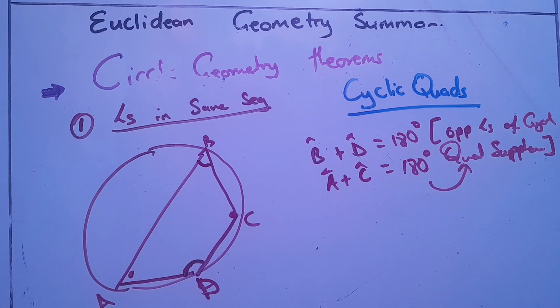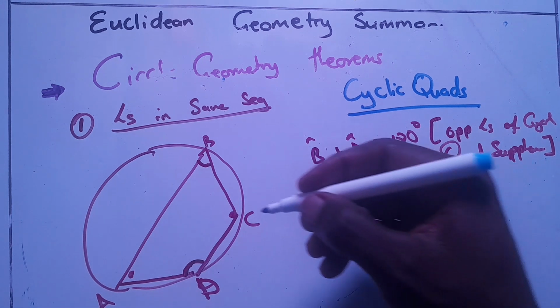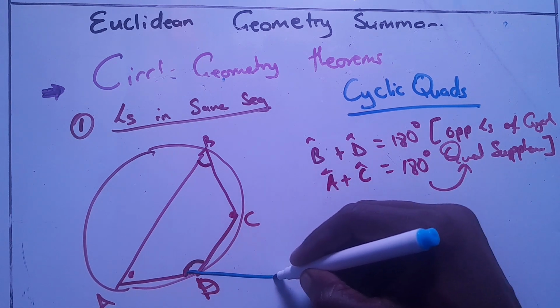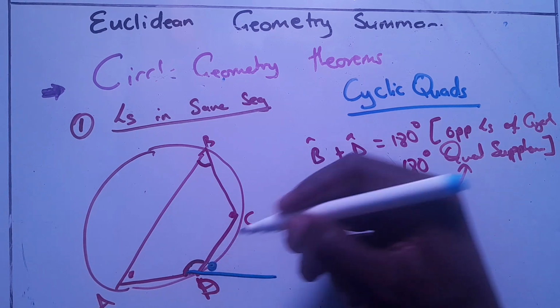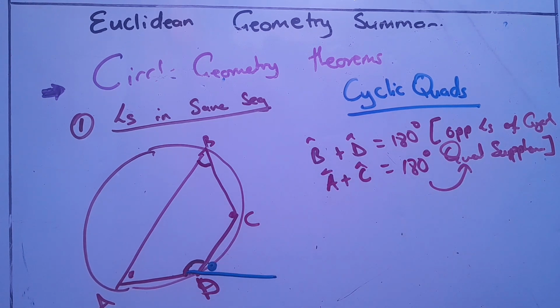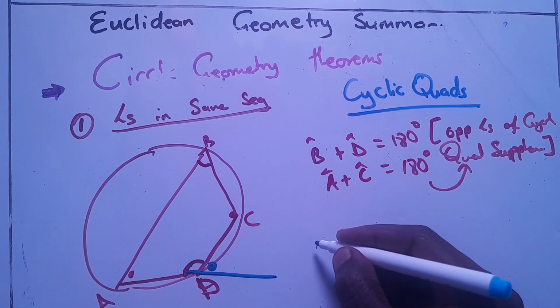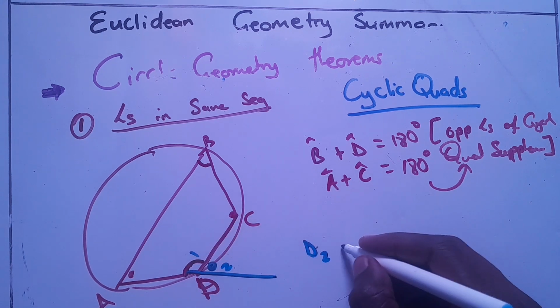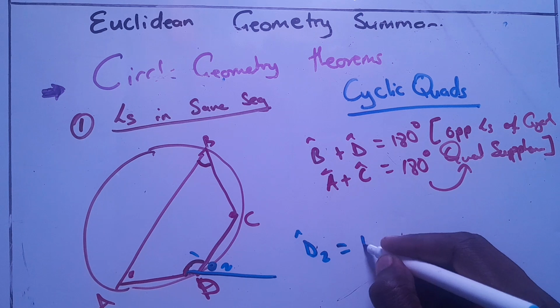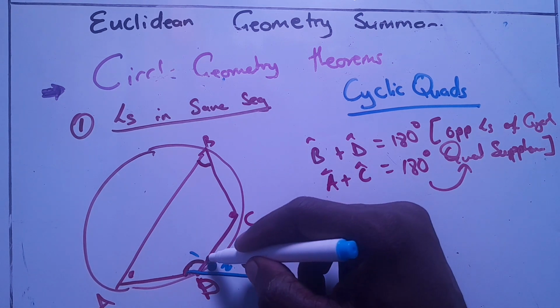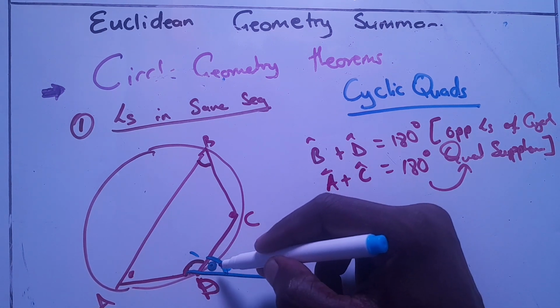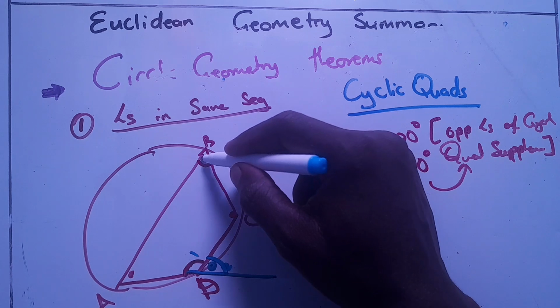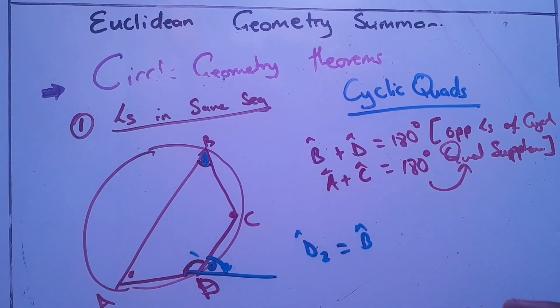And also if we extend a line outside here, this angle is called the exterior angle of a cyclic chord. So angle D2 there, this is 2 and this is 1, will be the same as our angle B. So this extended angle outside will always be equal to the opposite interior angle.